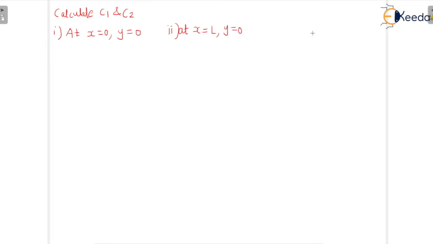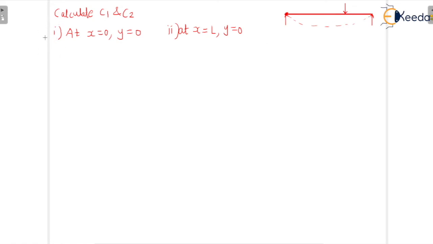How did these boundary conditions come? We are solving this problem for an eccentric load on a beam. When the beam is deflecting, at x equal to 0 there is no deflection, and at x equal to L also there is no deflection, so y is 0.